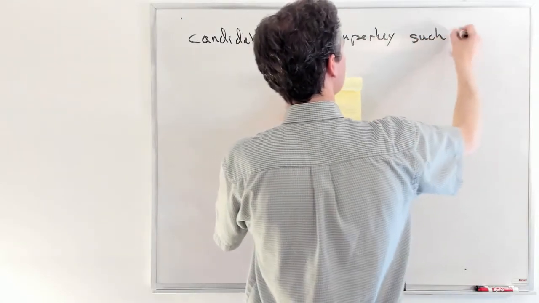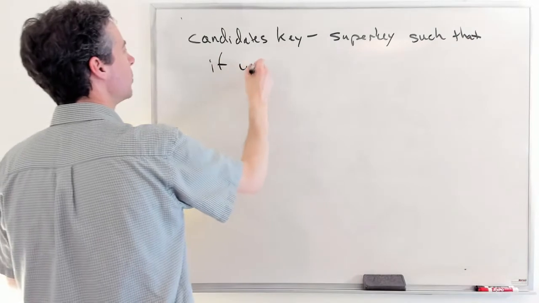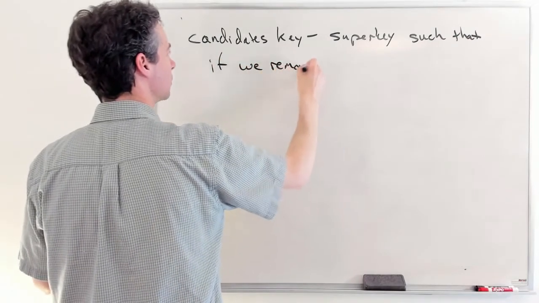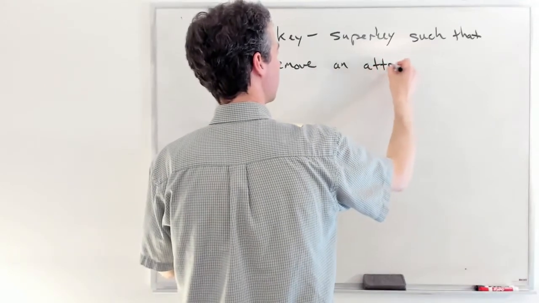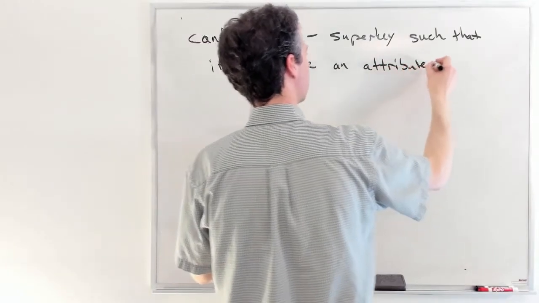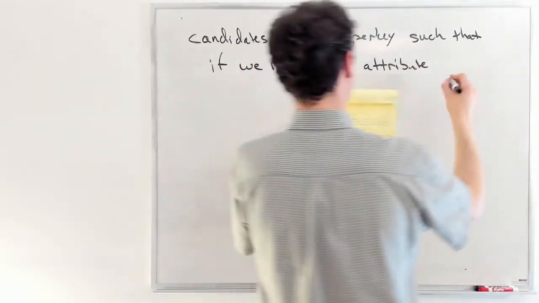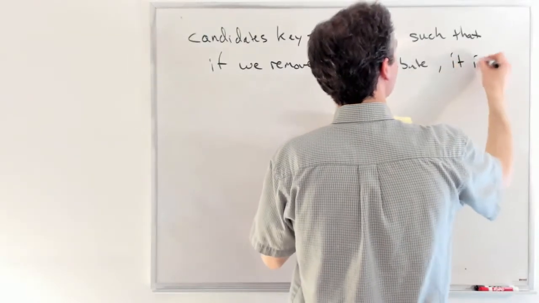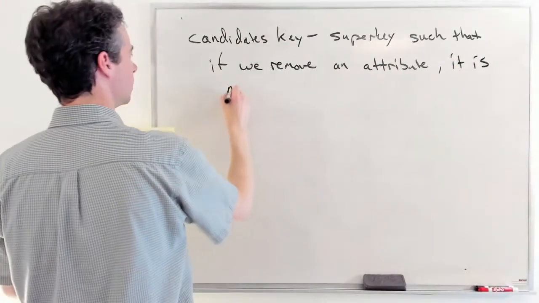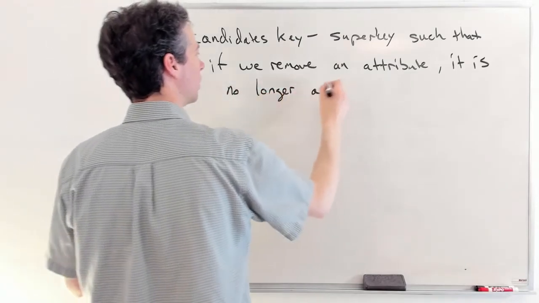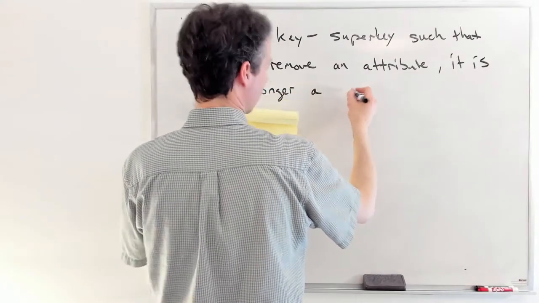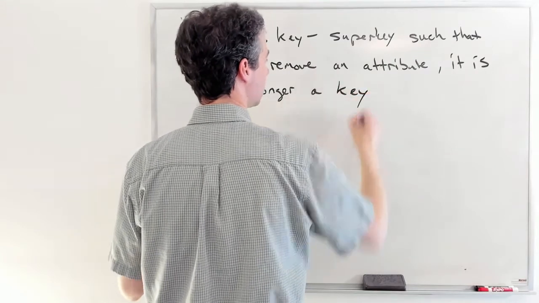such that if we remove an attribute, and again, remember, a super key is composed of a set of attributes, it is no longer a super key, or no longer a key. Okay?